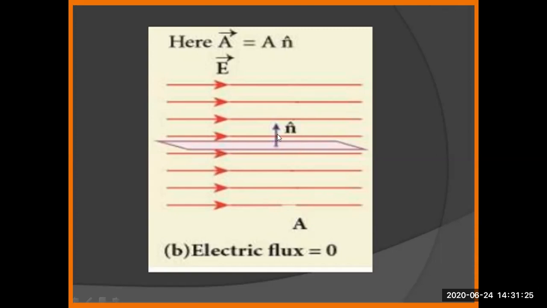The rectangular area and this unit vector are perpendicular, and the electric field lines are also normal to this unit vector, which makes the angle 90 degrees, and we are taking the cos theta. So cos of any 90-degree angle is 0. When theta is 90, cos is 0. That's why this flux will become 0 all the way.